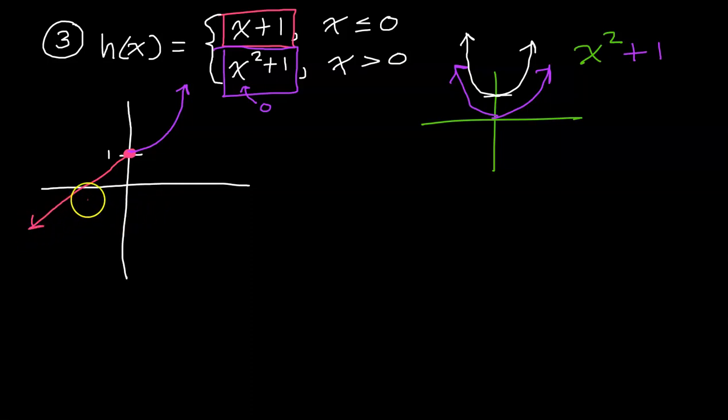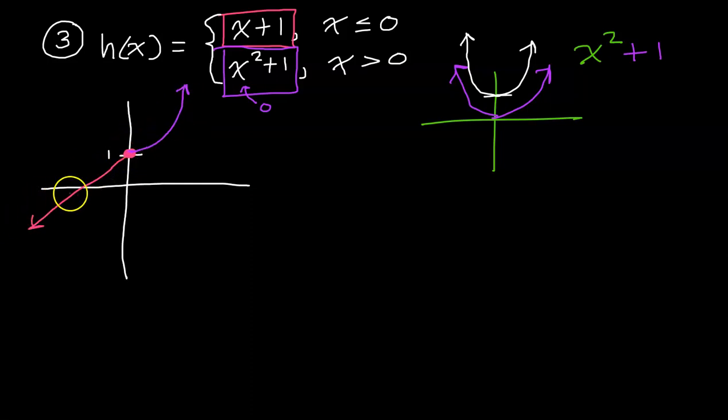Notice that the function is defined at every value. So there's no problem there in terms of discontinuity. Notice that even at the questionable spot where we change from one piece to the other, the limit as x approaches 0 is 1 from both sides.